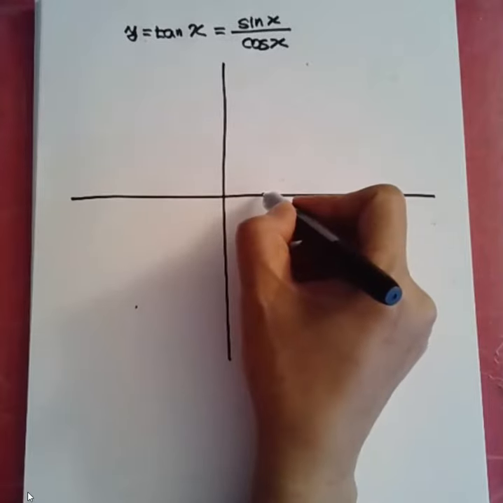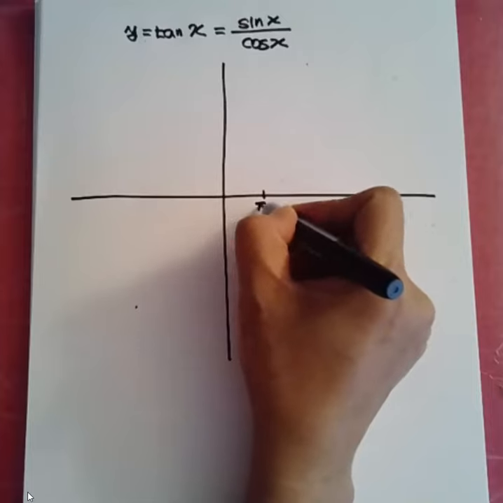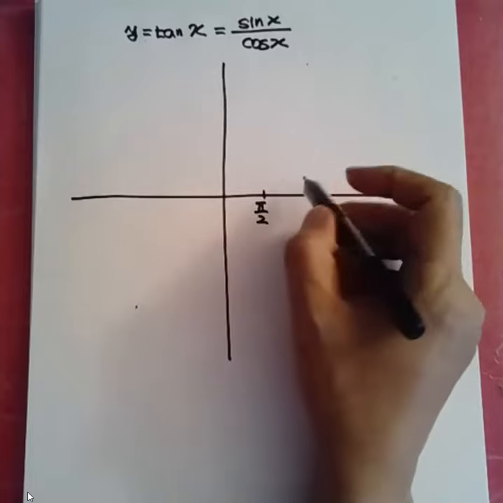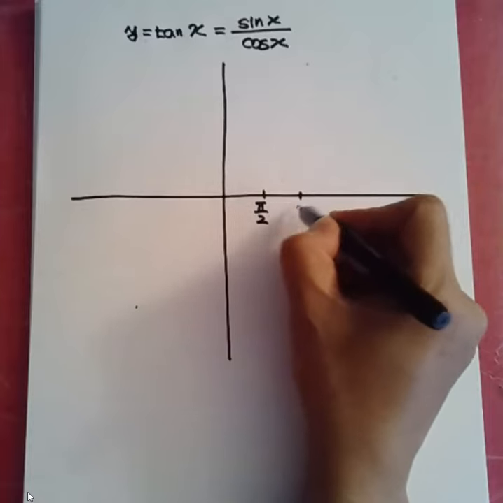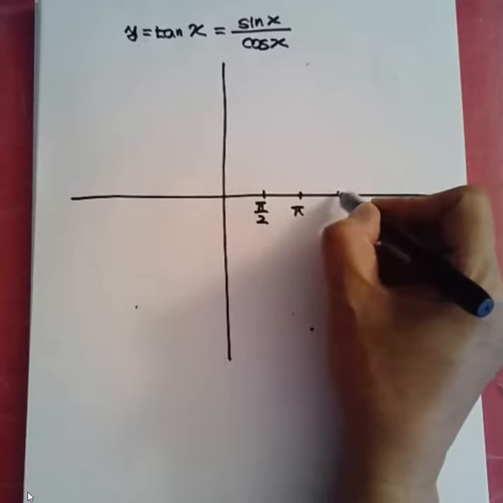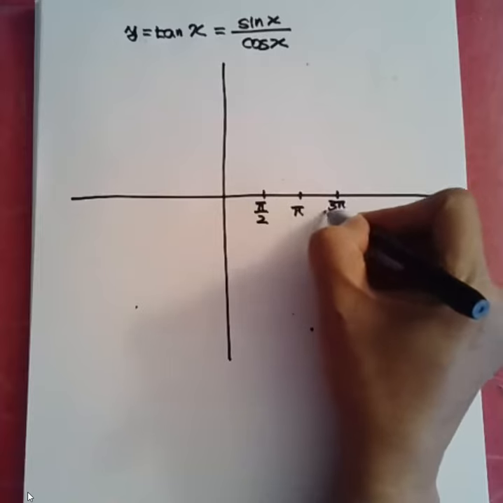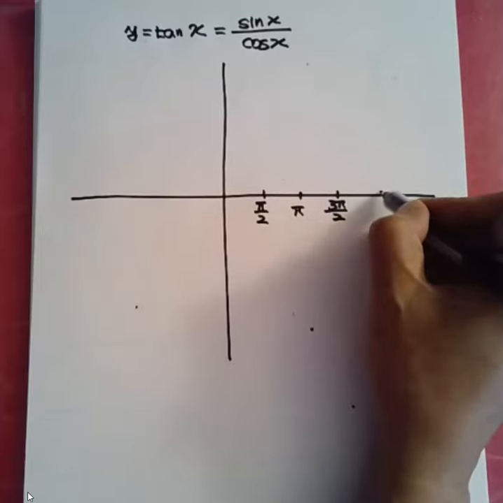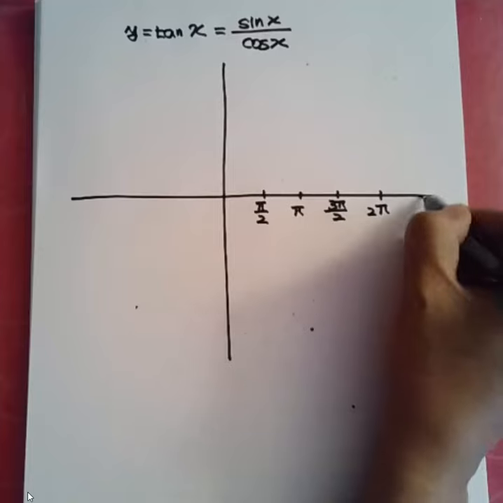In the sine and cosine function, we thought about the period, and then we thought about the key points. But when we think about the tangent function, we will think about where we have vertical asymptotes and where we have zeros.